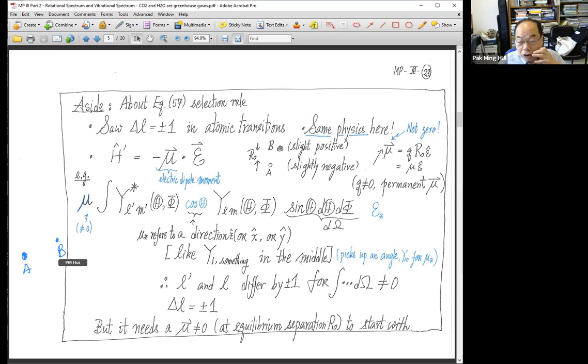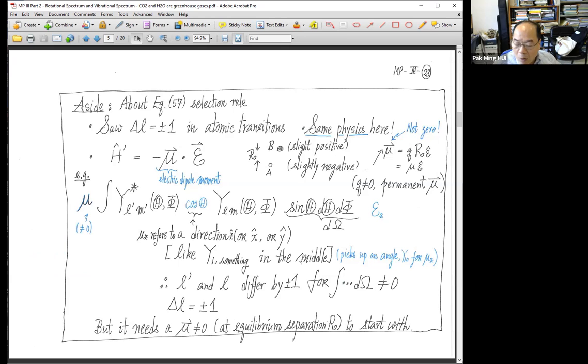If the electron bonding is not evenly divided, then this molecule will have a permanent electric dipole moment, all right? If B is slightly negative, A is slightly more positive, you will have an electric dipole moment pointing from negative to positive ions. You know that in electromagnetism, all right?